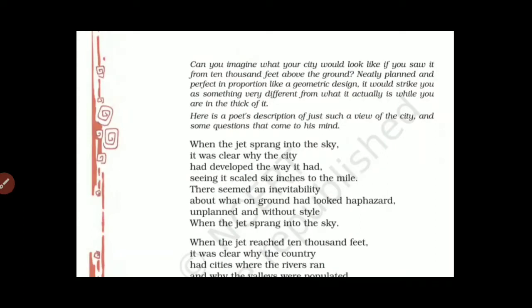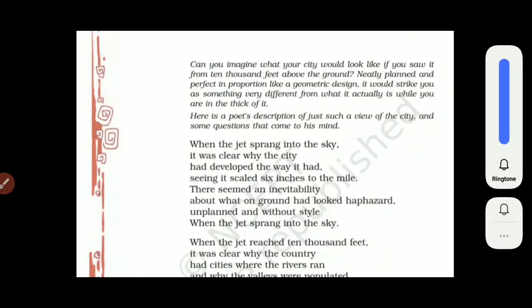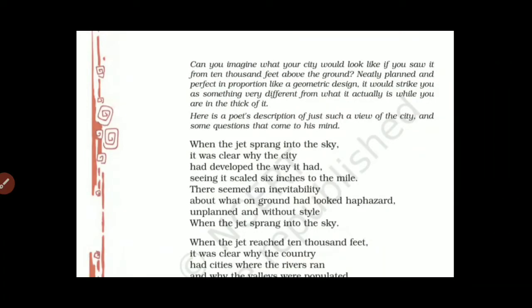Neatly planned and perfect in proportion like a geometric design, it would strike you as something very different from what it actually is while you are in the thick of it. Here's a poet's description of just such a view of the city and some questions that came to his mind.